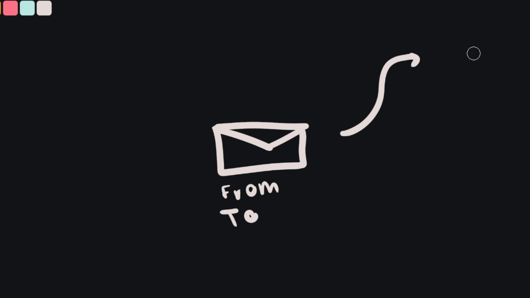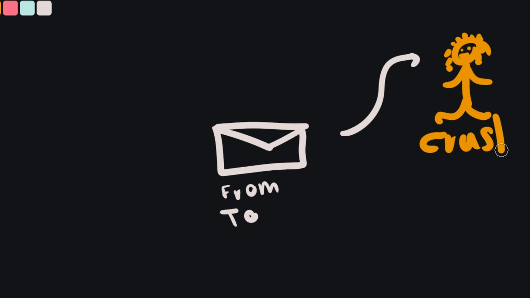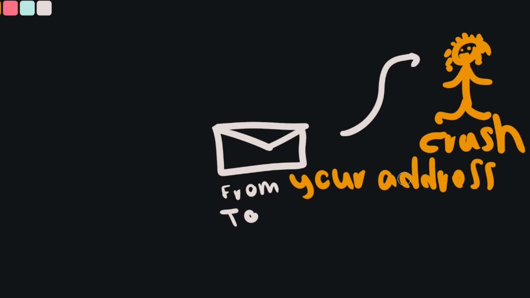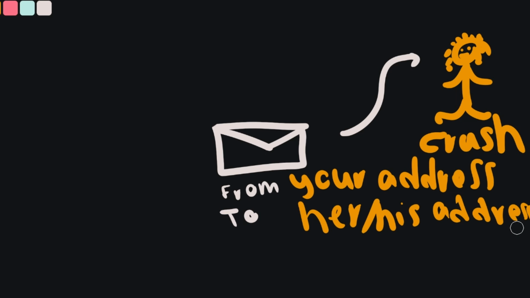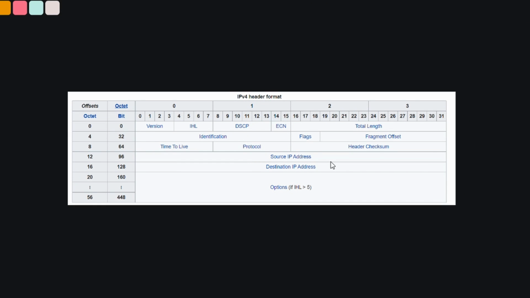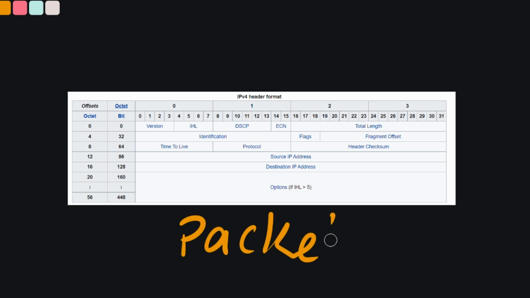Then on the envelope, you write your address as the sender and your target's address as the receiver. Then hand it to the post office, and this envelope magically reaches your crush. Similarly, on IP packets, you write the sender and receiver IP addresses and put everything you want inside of it. This way, the internet knows where to deliver the packet.